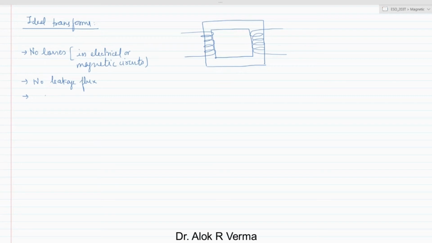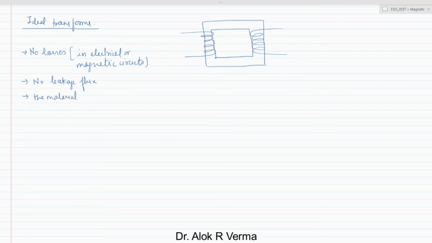On the primary side the current will enter, and on the other side the current will leave, which in the case of a transformer is taken as the reference.